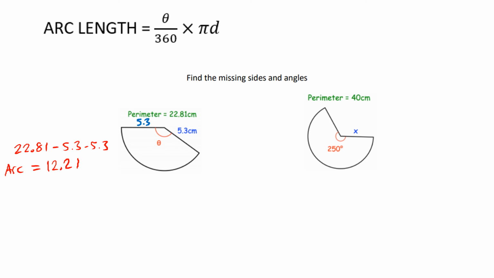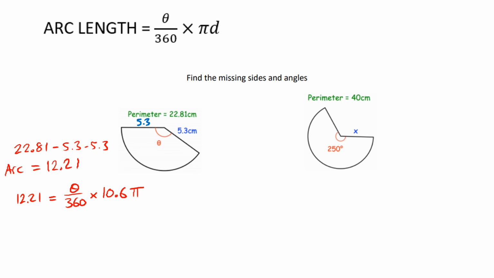And after that, it's more or less the same as what we were doing on the previous slide. We're going to use that 12.21. We're going to set it equal to theta over 360 times pi times d, so diameter is 10.6 in this case. And then we're going to do the same as we did before, which is to multiply across by 360.